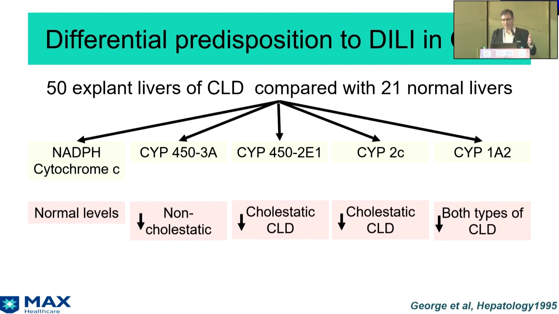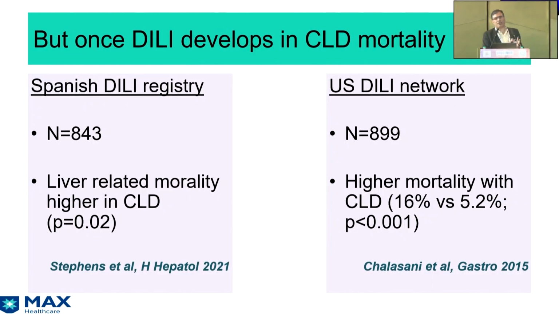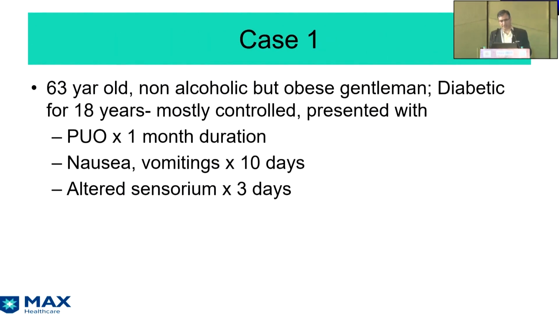But once the patient develops DILI in CLD, the mortality is universally high. A number of studies, including the Spanish DILI, the US DILI network, and the Indian DILI network, have shown that the mortality in CLD patients is higher than in non-CLD patients when they develop DILI.